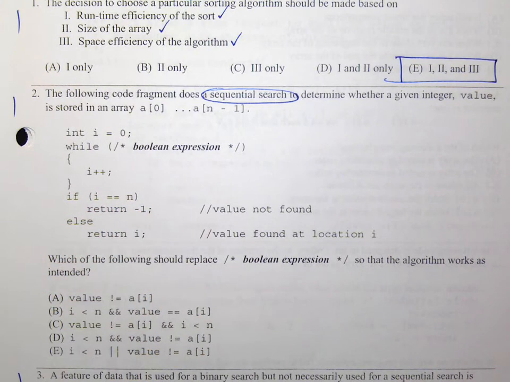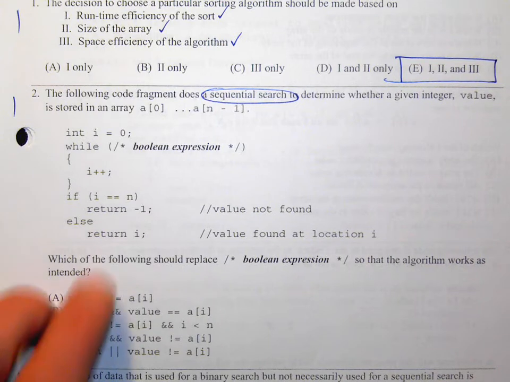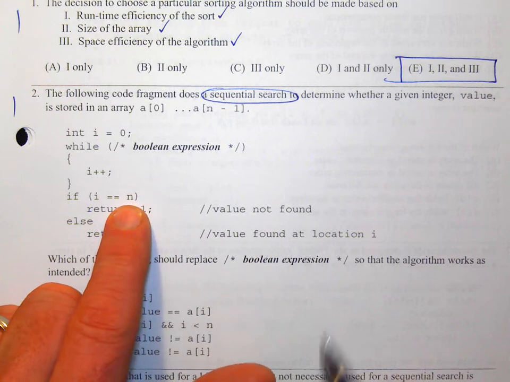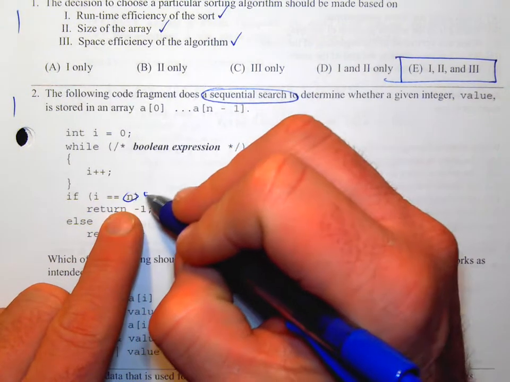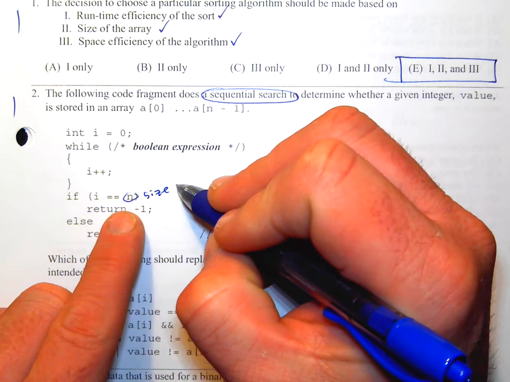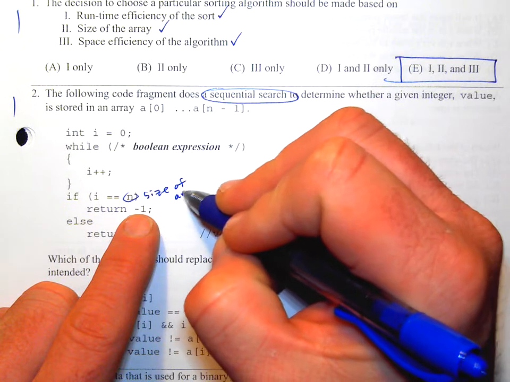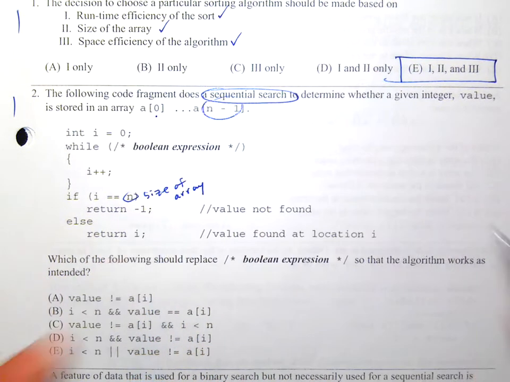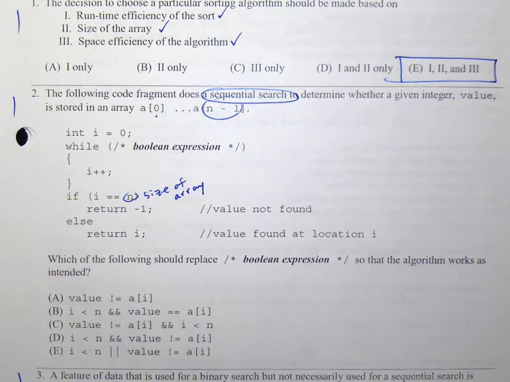Return -1, which is a common return for when you don't find something. Otherwise, return i, which would be some spot. Now, n is the size of the array, but it is not the last spot. It's beyond it, because we start at 0, so n minus 1 is the last spot.